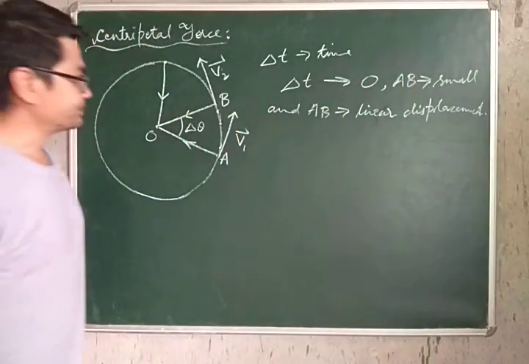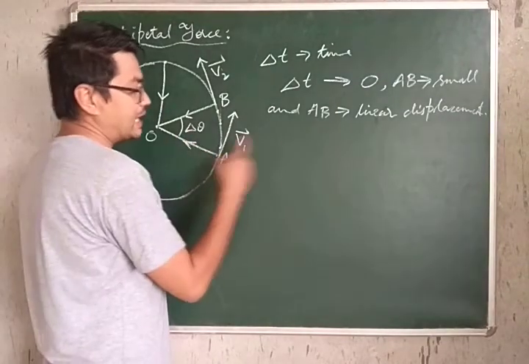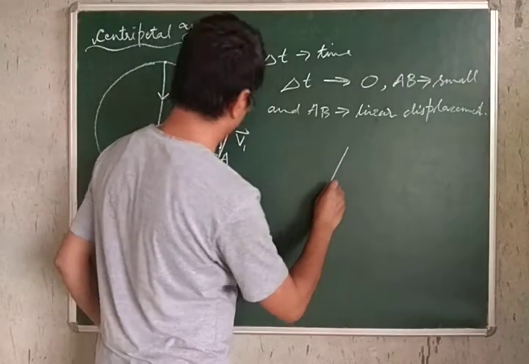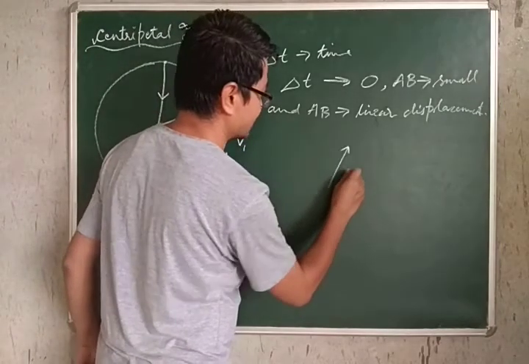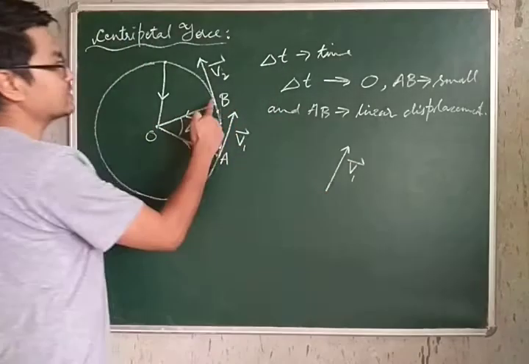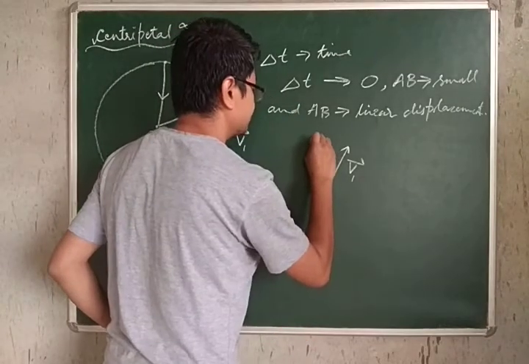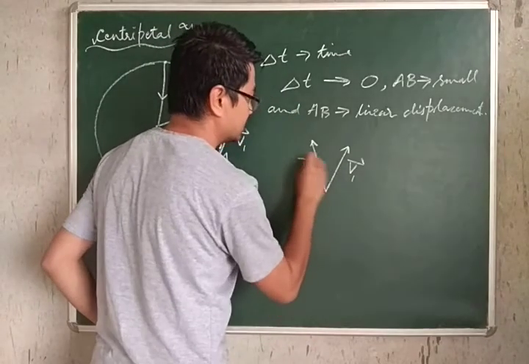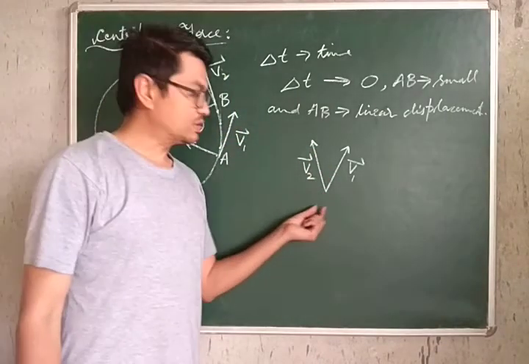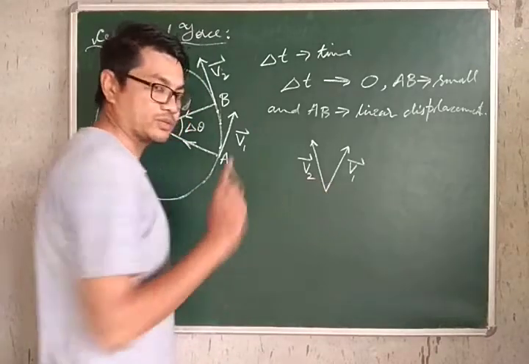Alright, now if I draw this velocity vector v1 over here, keeping its magnitude and direction fixed, and likewise velocity vector v2 over here, I have drawn these two vectors in such a way that they are starting from the same point, mind you.